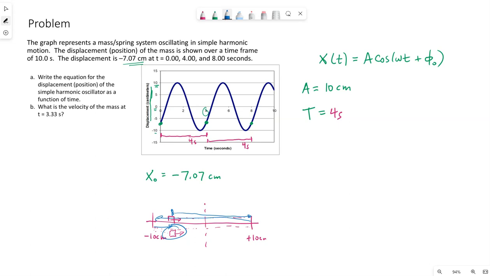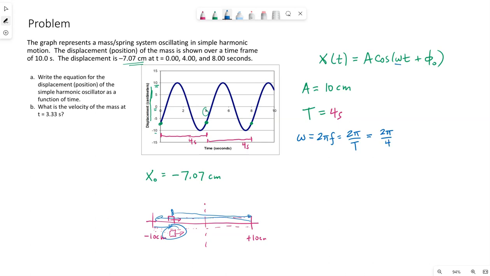As far as our equation goes, that period will be used to calculate our omega. So omega is 2 pi f, but f is 1 over period, so omega is 2 pi over T. So in this particular case, we can say omega is 2 pi over 4.